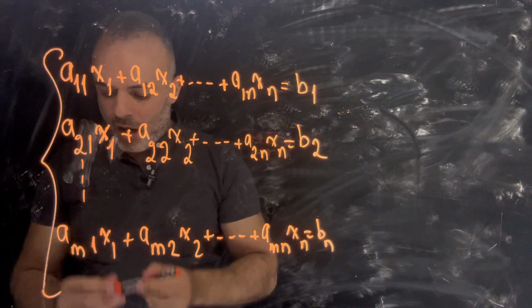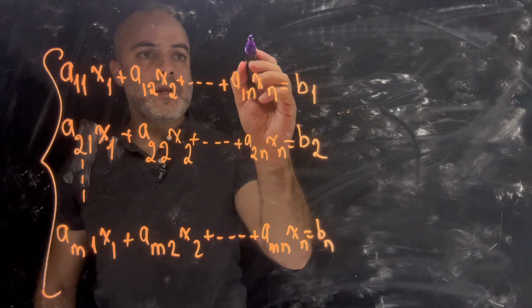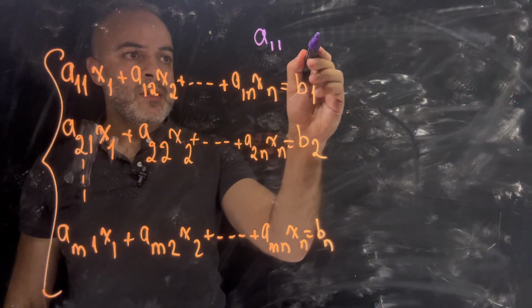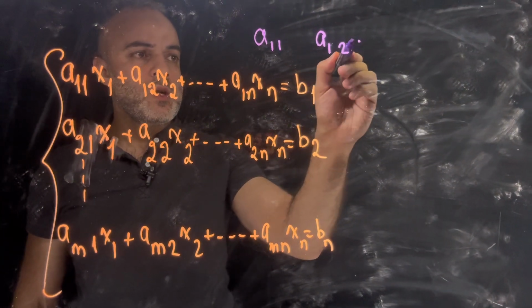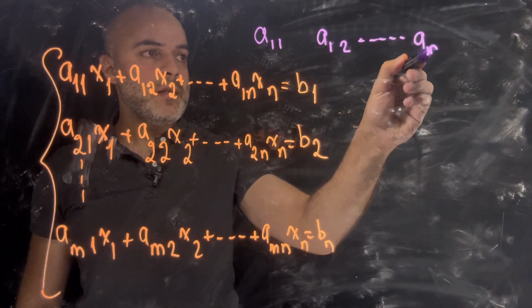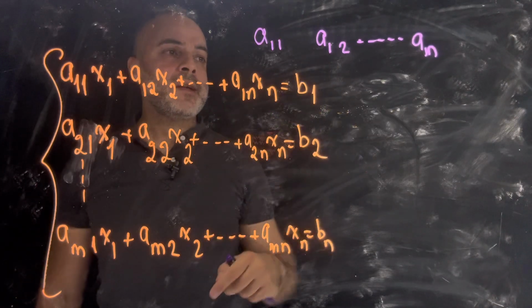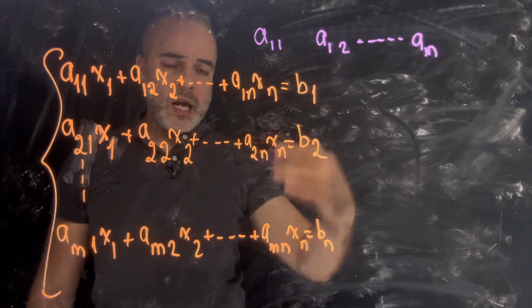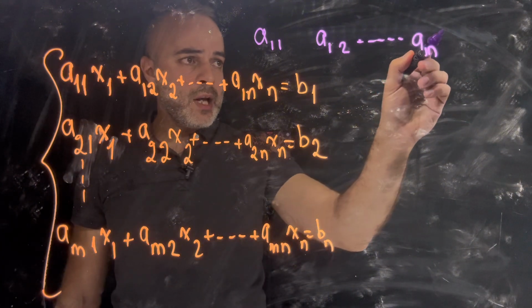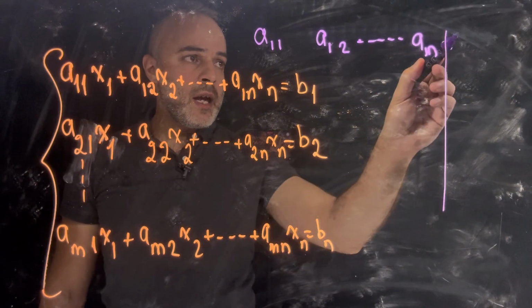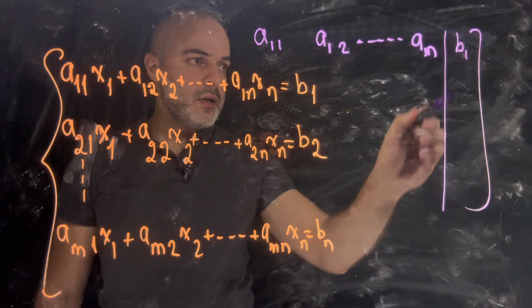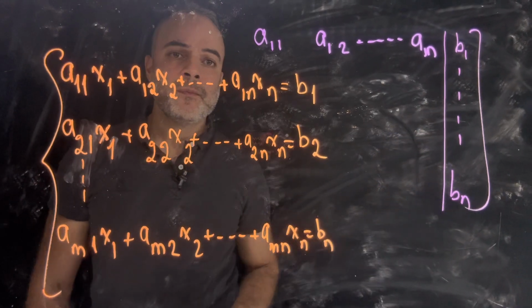So the first row will contain the coefficients A11, then A12, up to A1n. Then in the second row, I'm going to have A21, etc., up to A2n, down to the last equation. I'm going to put a line like this, and then list B1 down to Bn.